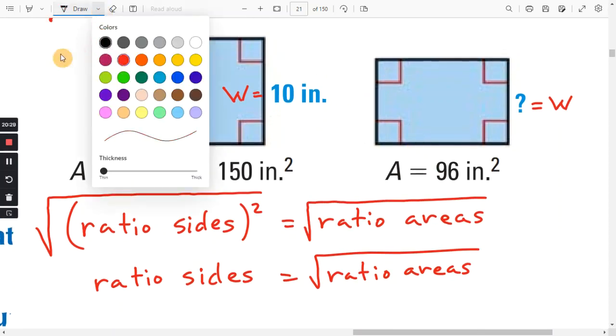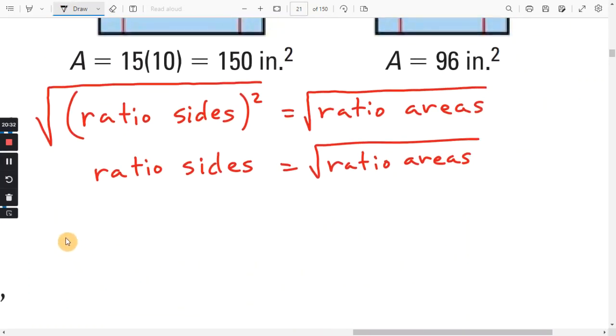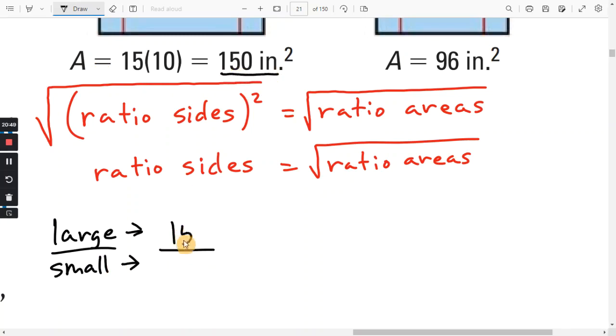All right. For the ratio of the areas, I'll put the larger pan at the top, the numerator, and I'll put the smaller pan in the denominator. Okay. So the larger area is 150, and the smaller area is 96. Now we could leave it as is, but again, smaller numbers are generally easier.